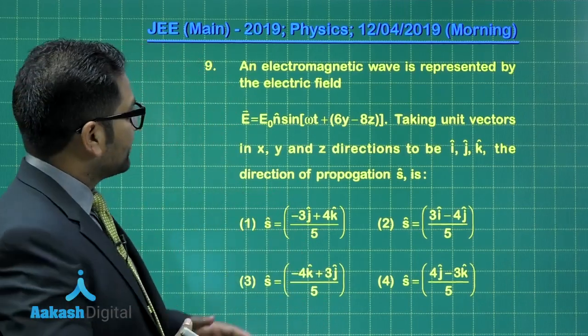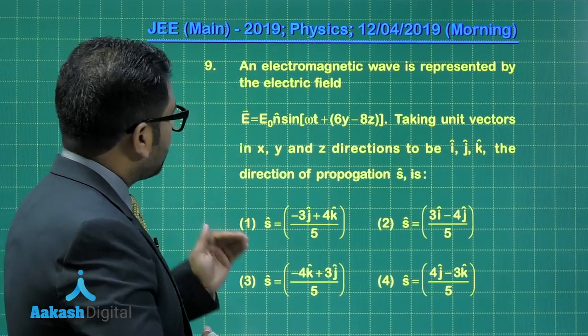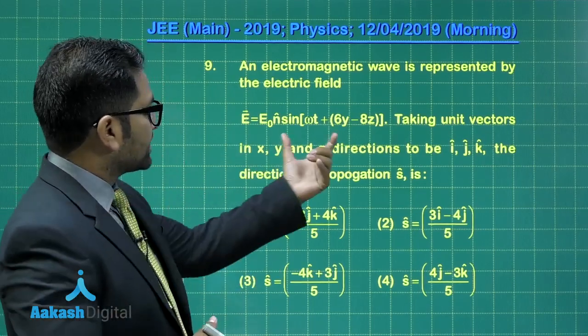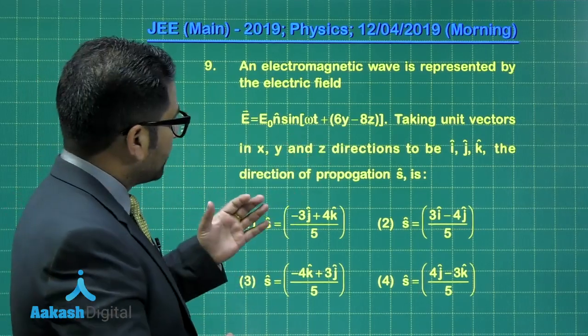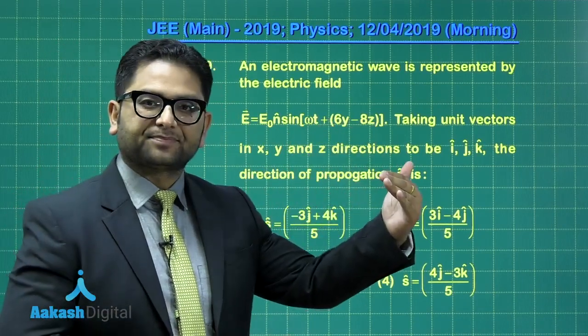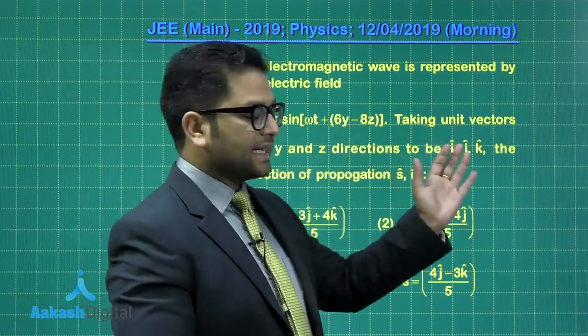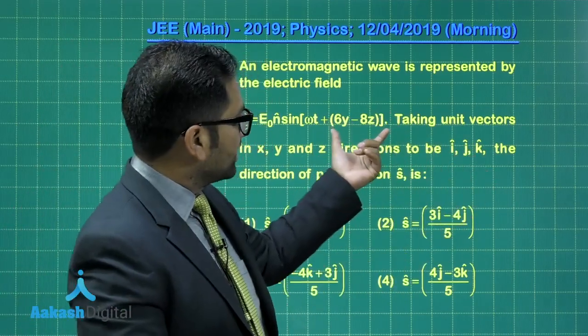Okay, it says there is an electromagnetic wave, and that electric field component of the EM wave is represented by this. Clearly, we know that this is the direction of the wave traveling, and the wave is traveling in the YZ plane. That's very clear.